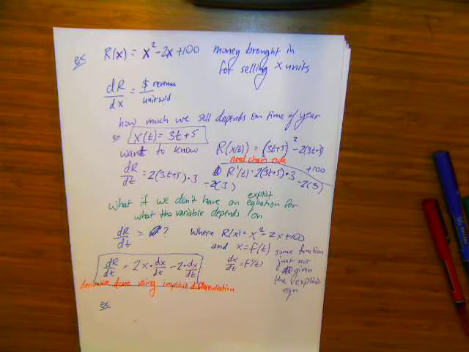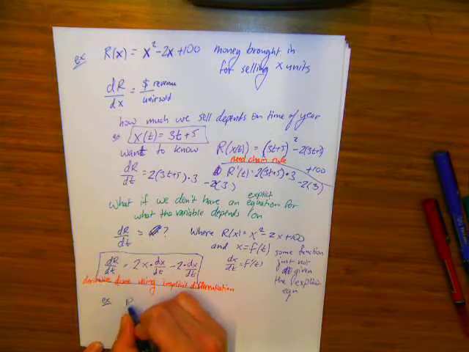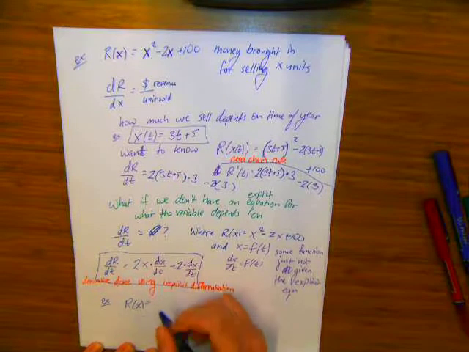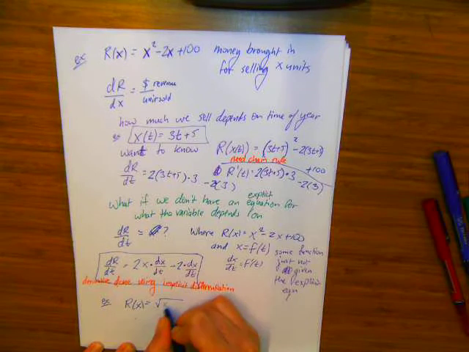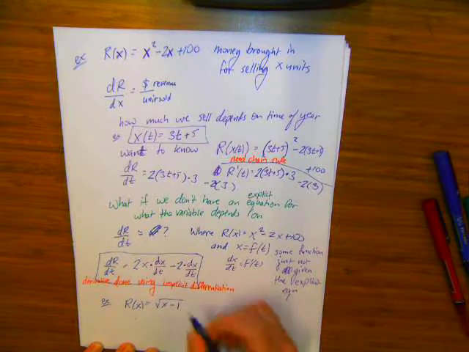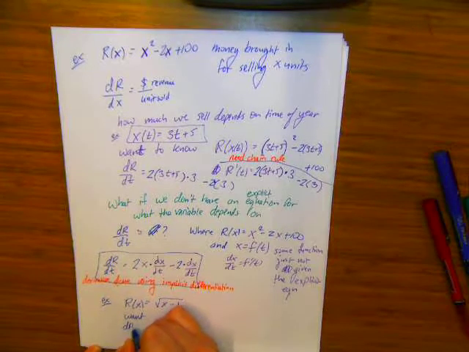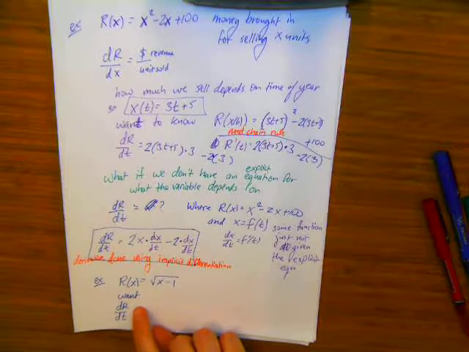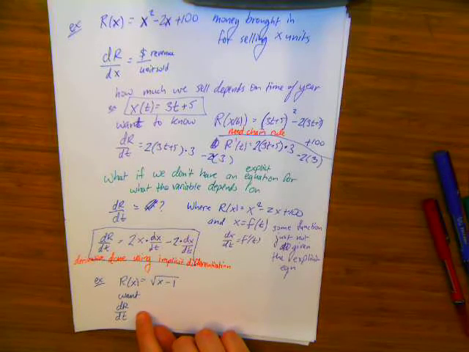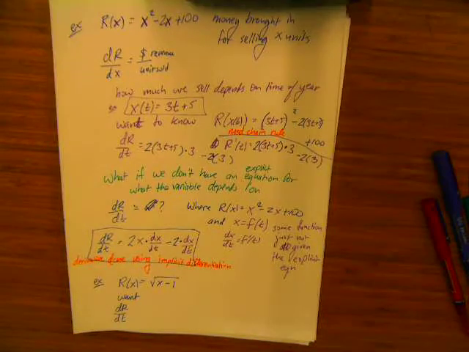Another example. Let's keep the idea with revenue. Let's say it was, okay, and we want the change in revenue over time, not change in revenue over x. So it's depending on a variable that we don't know how it's related yet. We don't have the explicit equation for it.